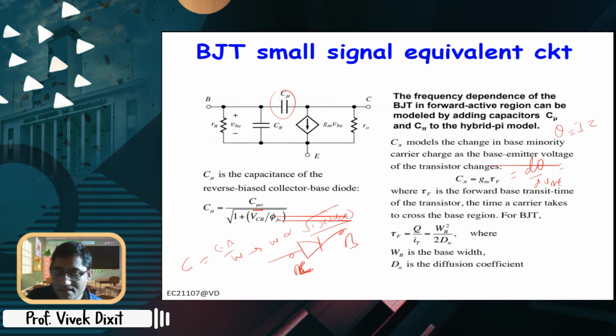Now dI by dVBE is 1 over r, right? So that is gm. So you have this expression here: C pi is gm times tau.